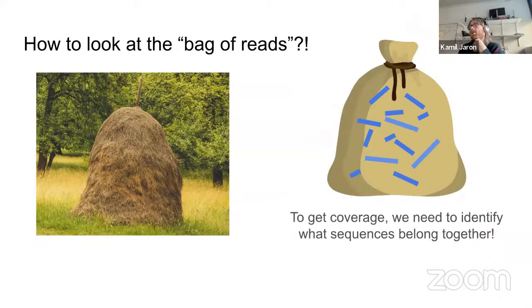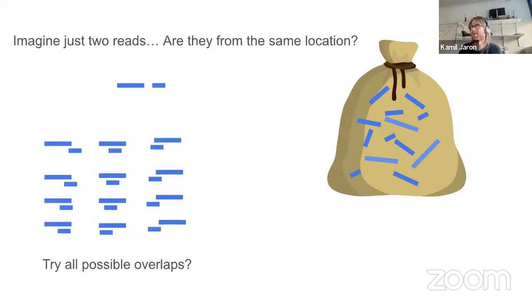But the question is how can we look at this bag of reads, this pile of hay? Before we get into the k-mers and how to do that, I would just like you to appreciate why it's necessary. What is the alternative? Imagine that you would like to compare only two sequencing reads from a genome. How would you go about it?